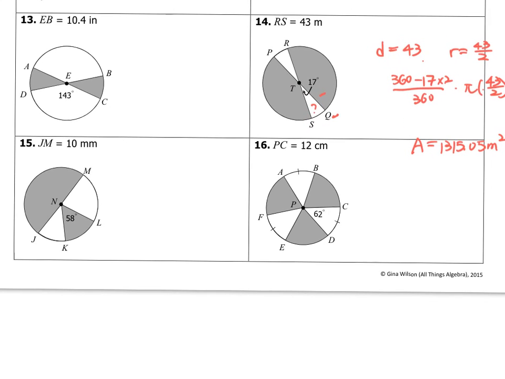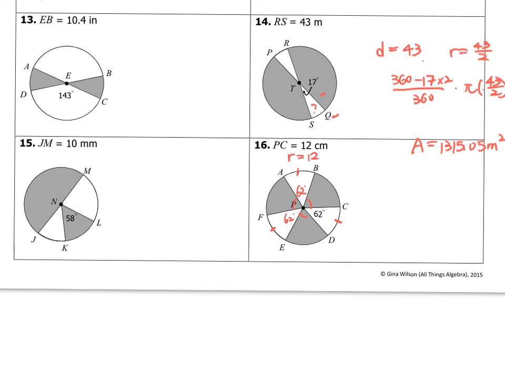Okay. Last one. Let me make this a good one. PC is my radius. It's 12. I've got shaded areas, 3 parts. I'm also told these three arc lengths are congruent, which really means this is 62, this is 62, meaning the corresponding central angles are also congruent.